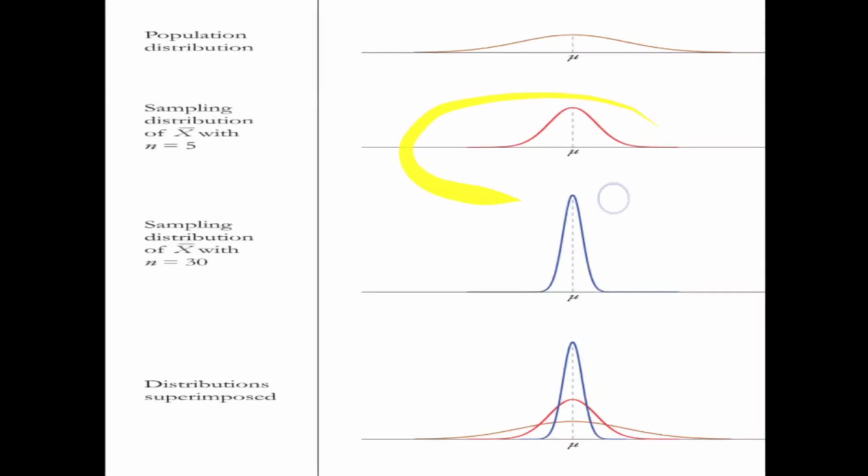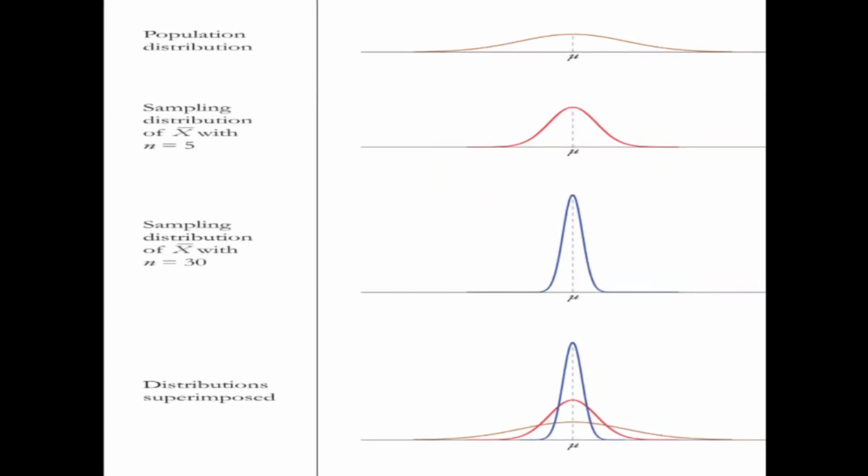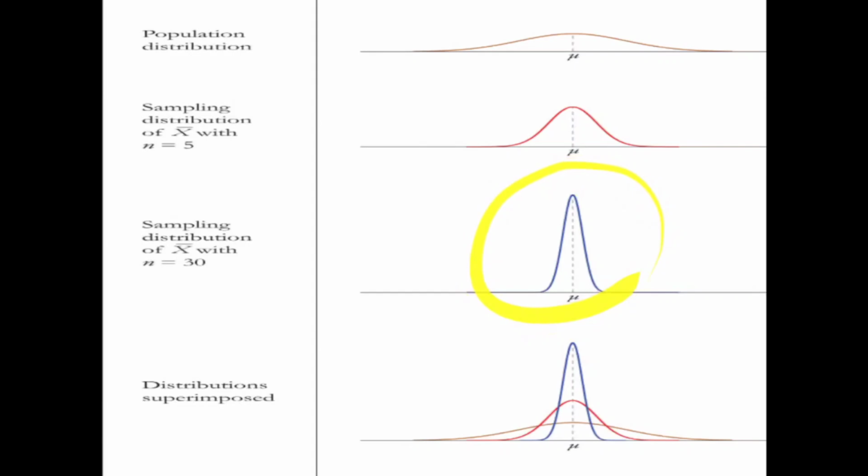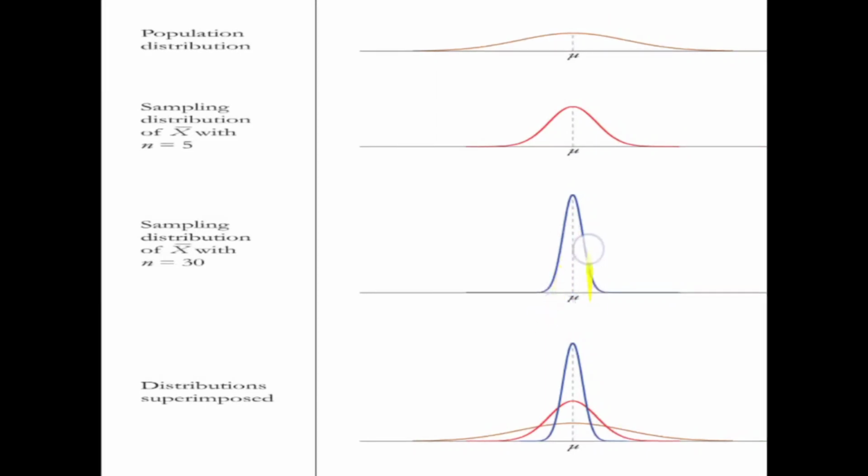On the red graph, our sample means are scattered, dispersed, or spread. On the other hand, here our sample means are closer to the population mean, because most of our sample means are here, close to the population mean.